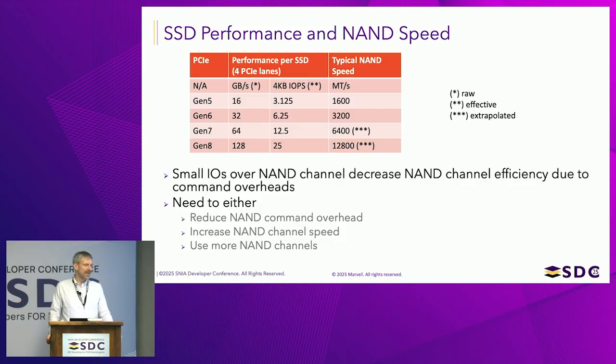When we look now at Gen 7 and Gen 8, and people are talking about that already for AI, we expect the doubling of the speed of each generation. So it also means that the NAND interface needs to double. Here are the extrapolated numbers.